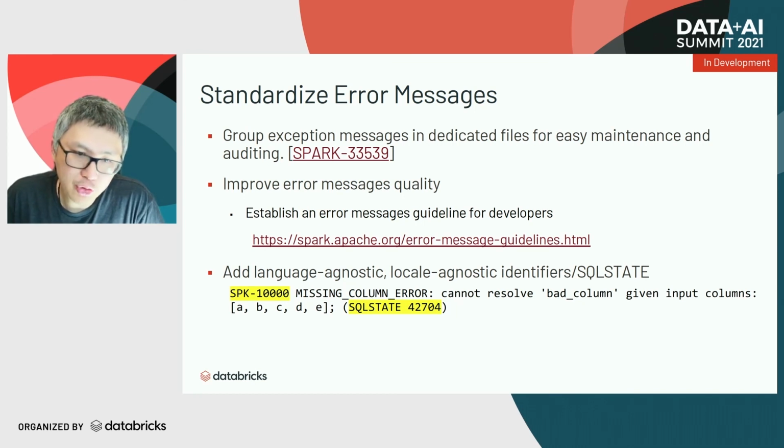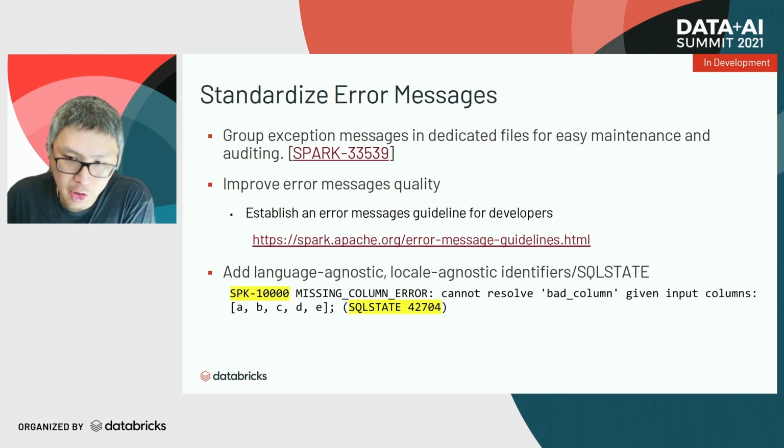In the upcoming release, we are also proposing to add length-agnostic and locale-agnostic identifiers for the error messages. After the changes, each error message has its own identifier, and the SQL state is a portable error code that is part of the ANSI SQL standard. Here is an example. We are unable to resolve a column from a query because it is missing in the input relation.